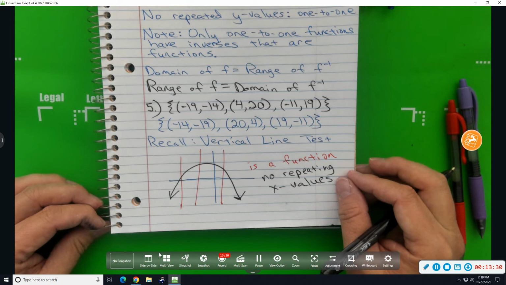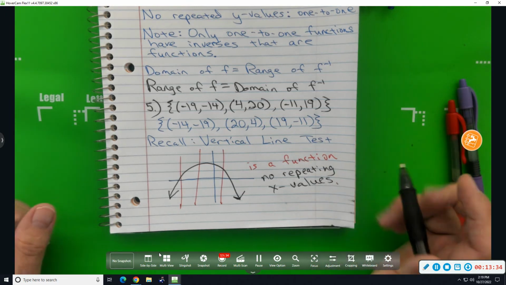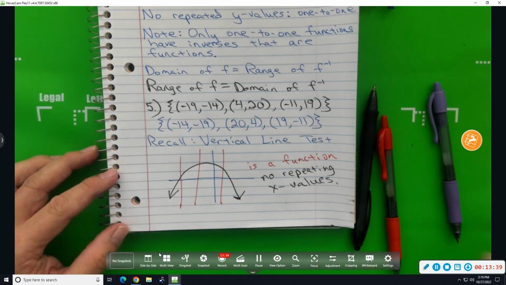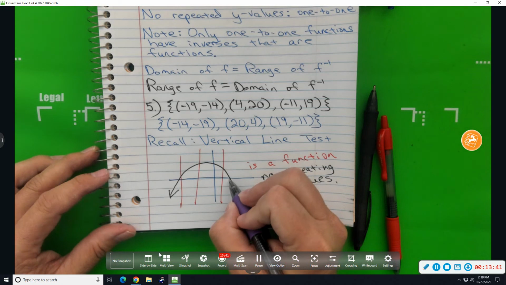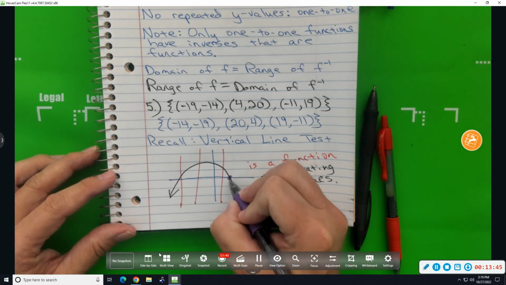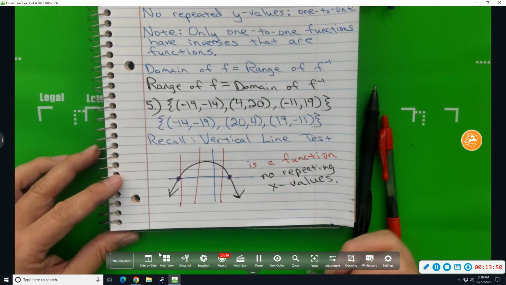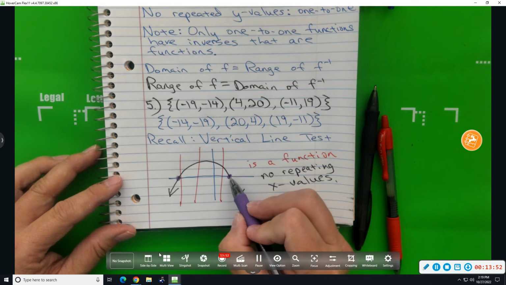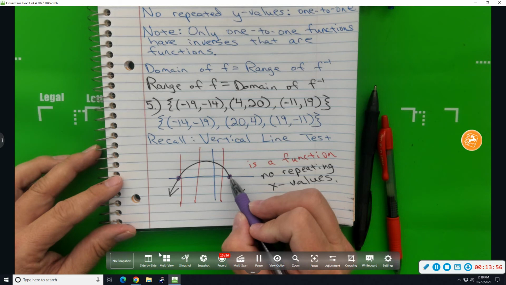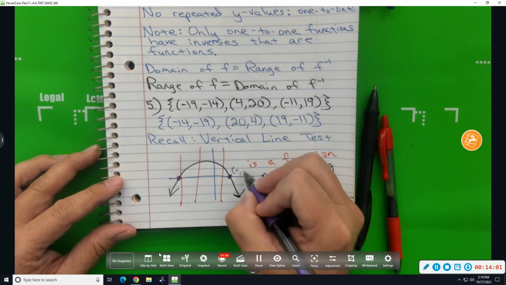However, I claim this thing is not one-to-one. I believe there are repeated y values. Look right here. Look where this black graph is passing through the x-axis. Right there and right there. This x value has to be positive because we're moving to the right of the y-axis. So it has a positive x value, but the y value is 0.